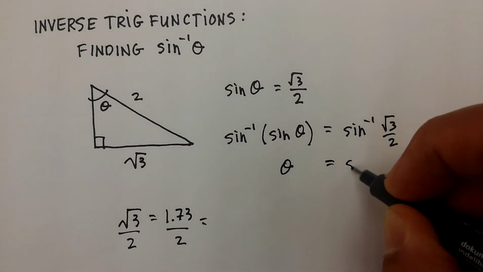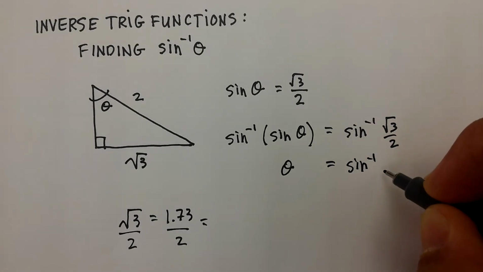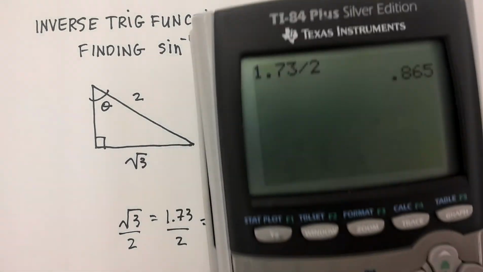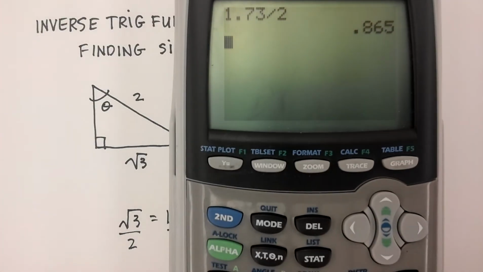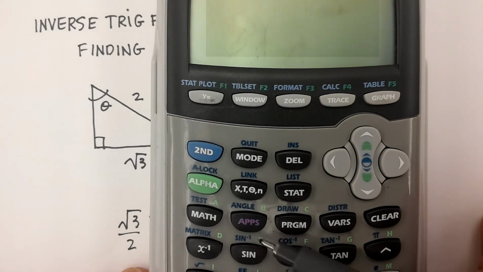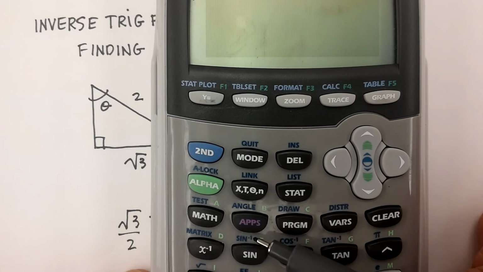So inverse sine of 0.865. So again, go to our calculators. Now to find the inverse sine, locate your sine button, and you'll see it right here. You'll notice that right above it, it has the inverse sine, sine^-1.